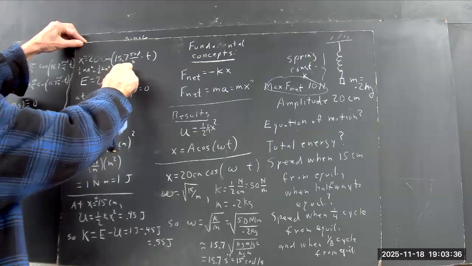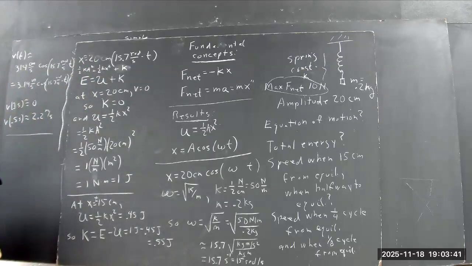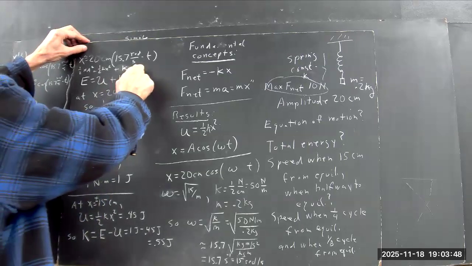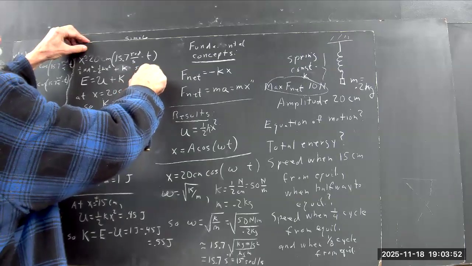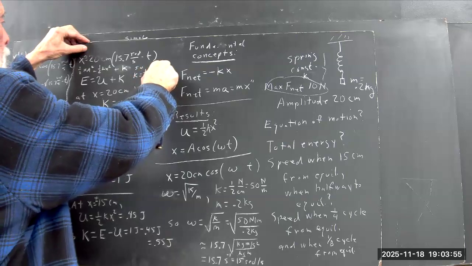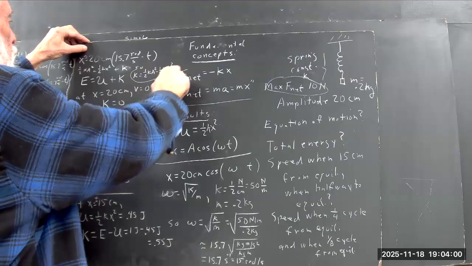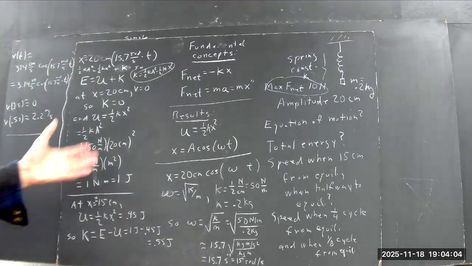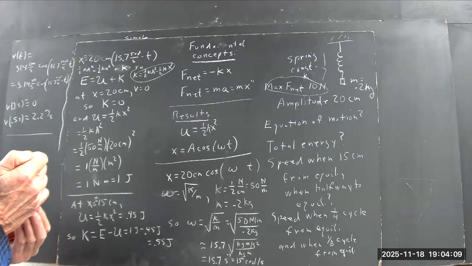We know k is m omega squared, and we're going to get those symbols mixed in here. So we can always find v: one half k a squared minus one half k x squared. And we did that in class, in our last class. Okay.